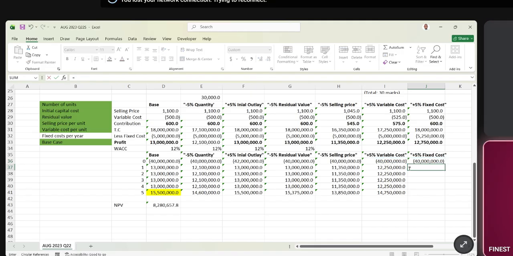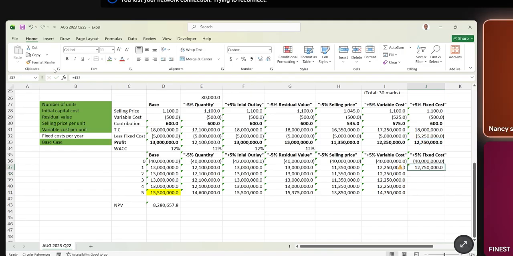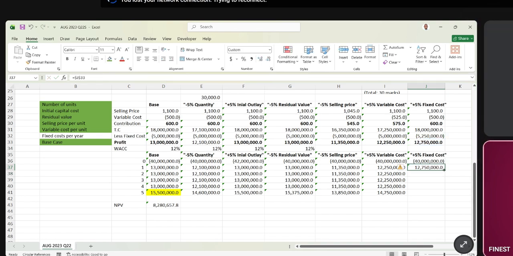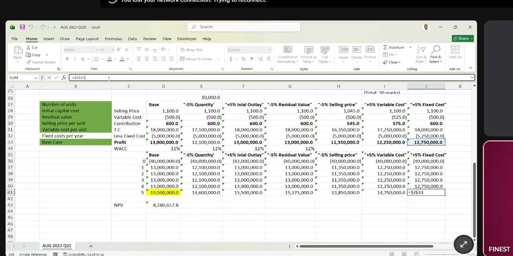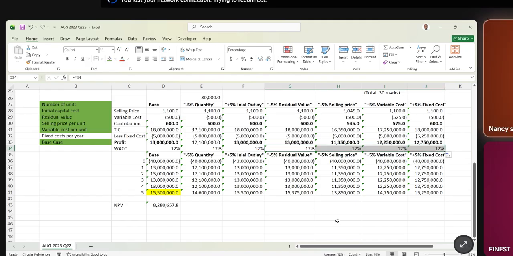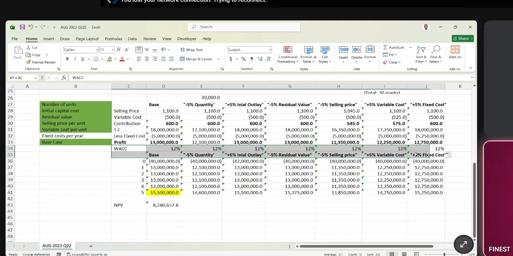Then I come and pick this and drag it down after locking, then add the residual, like that. So let me drag this across. The drag is easy.